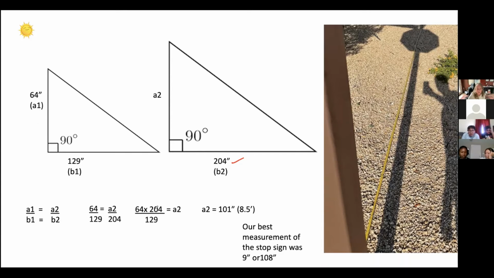So we're going to multiply both sides by 204 to cancel this out. And we get A2 is 64 over 129 times 204. And that gave us the height, A2, 101 inches, which is about 8.5 feet. And we tried measuring it, and we got about 108 inches or 9 feet. So we were off by maybe about 5 inches, which is not bad.